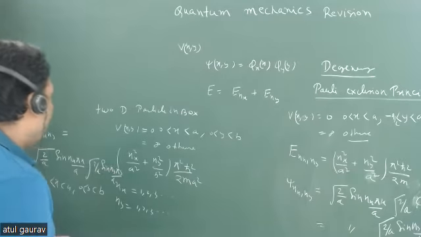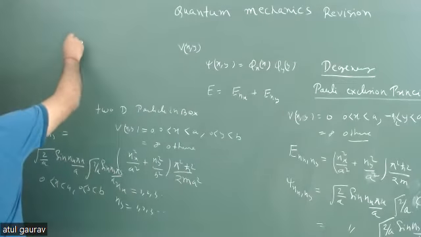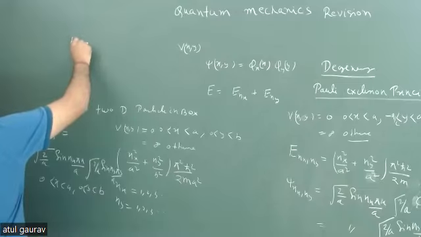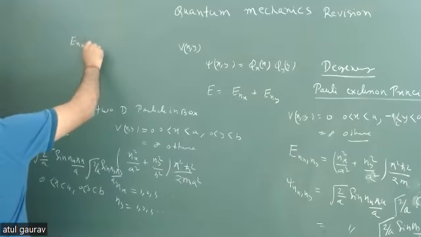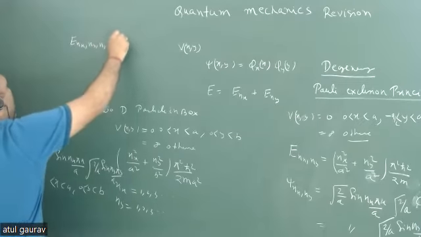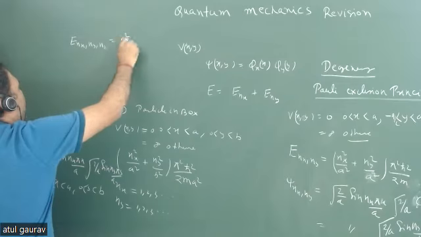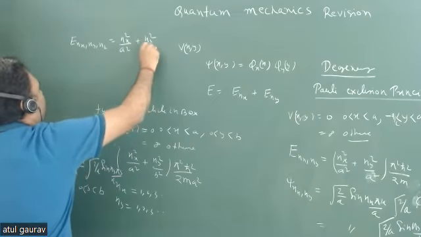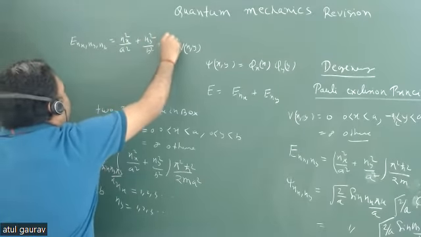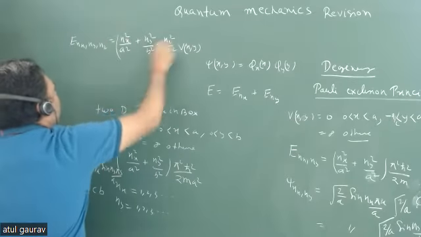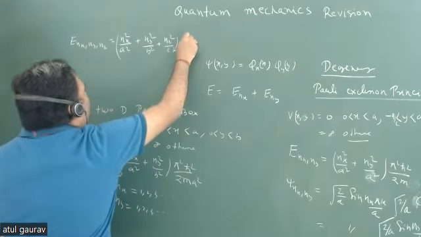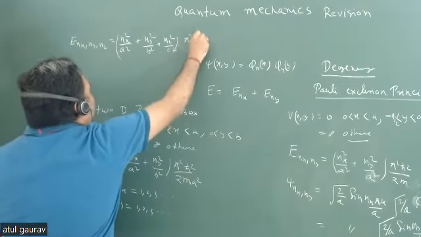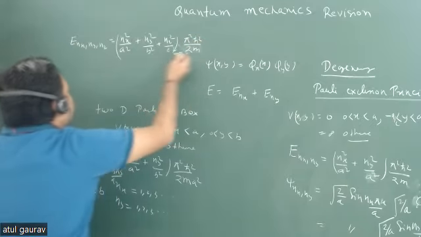So we have the 3-dimensional box. We have this particular energy E of nx, ny, nz. That value is nx square upon a square, ny square upon b square, nz square upon c square, and you have pi square h cut square upon 2m.